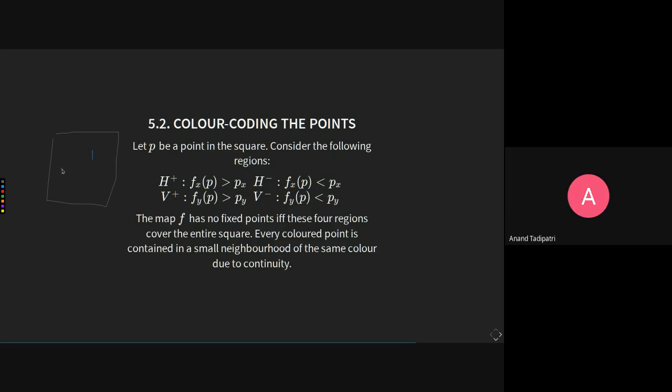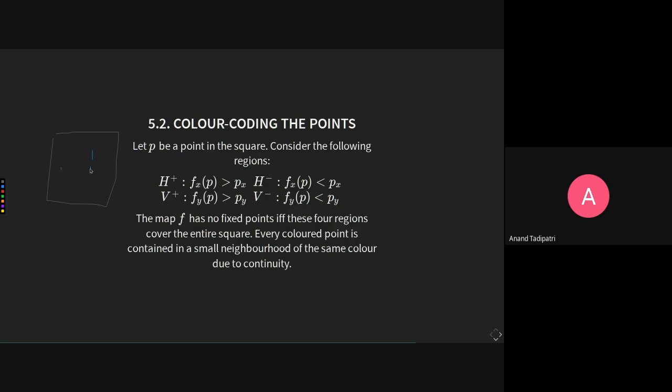Yeah, good point. If the image was somewhere over here instead, then it's in neither V plus nor V minus, but it's in H plus. So it's in one of these regions.